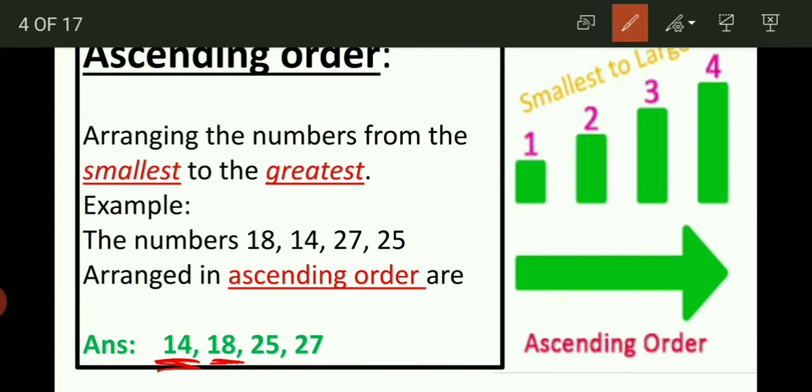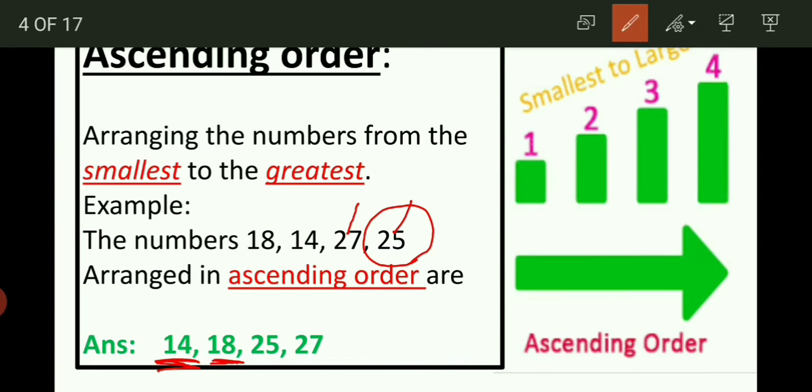So now in these two numbers, here it is 7 and here it is 5. So which one will be smaller within these two numbers? 5 is smaller than 7. So 25 is the smaller between these two numbers.